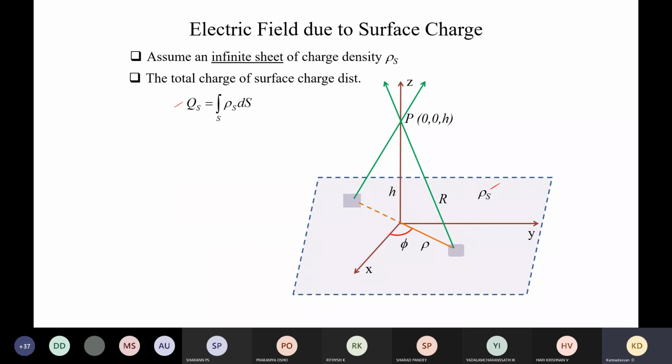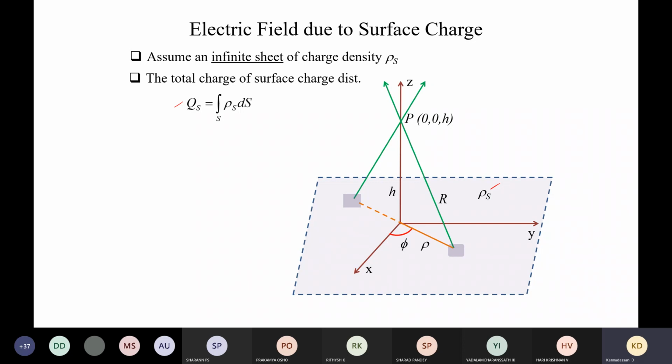If we take that surface and put any particular point anywhere outside, it always looks like the surface is very much bigger than the point. Let's say particular point P. So considering this infinite sheet is very much optimum even for many finite structures.